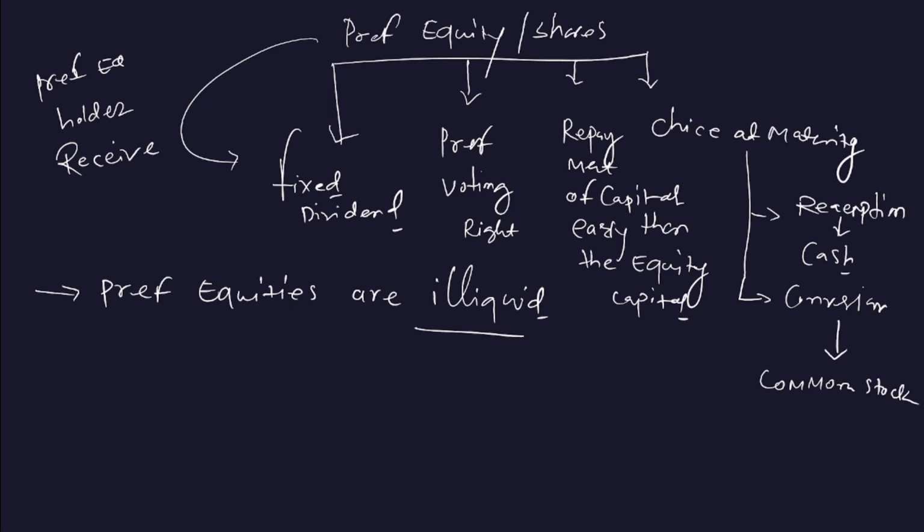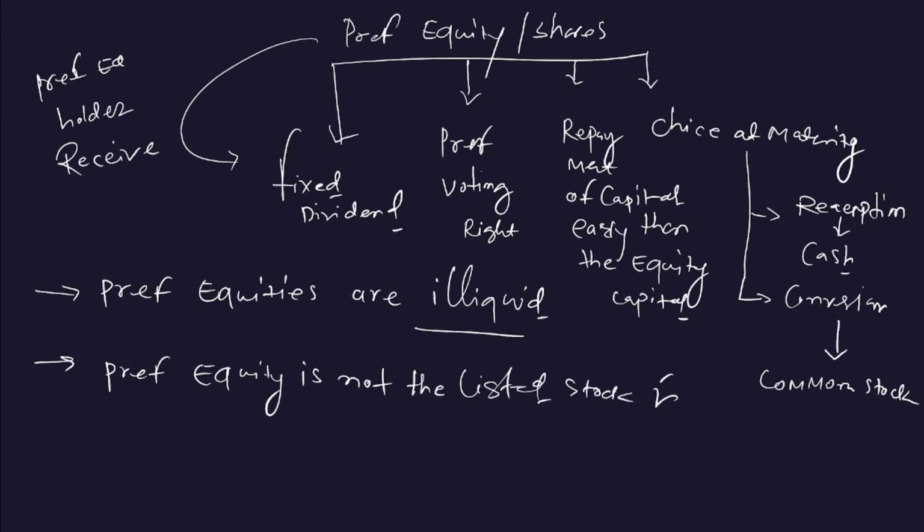It's not a listed one. Illiquid means we cannot buy and sell easily, whereas common equity is easy to buy and sell. It is not listed on a stock exchange.